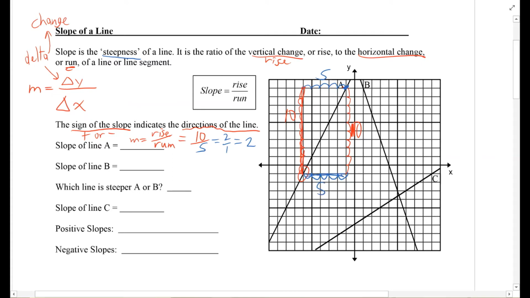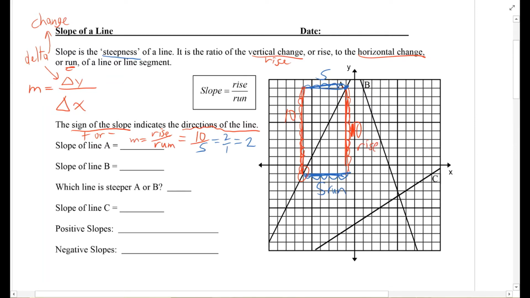We would make a little triangle in this other direction. So you can make your triangle any way you want, okay? But you've got to be able to count your rise and your run. It's just a triangle to help you count. So this is your run, and this is your rise.